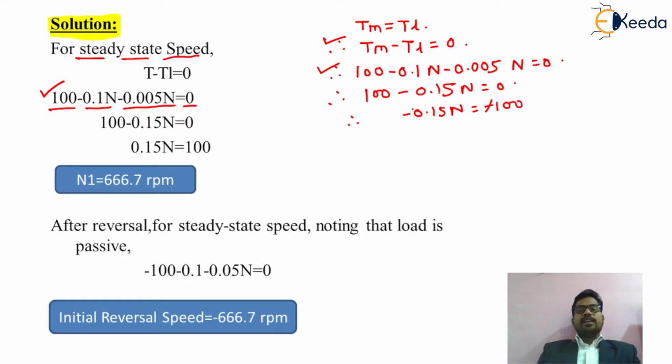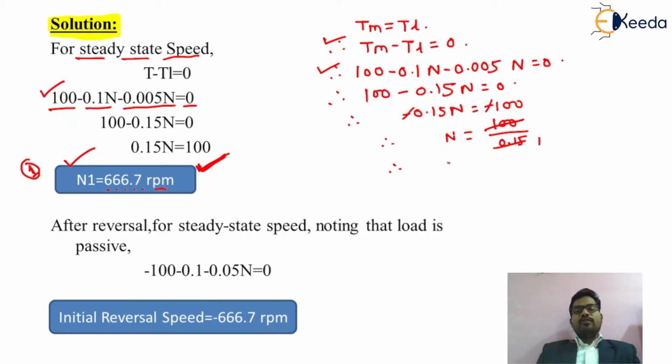The minus signs cancel, so N is equal to 100 divided by 0.15. So we get the value of speed N equal to 666.7 rpm. This is the value of the steady state speed, which is the first required thing for solving the problem.